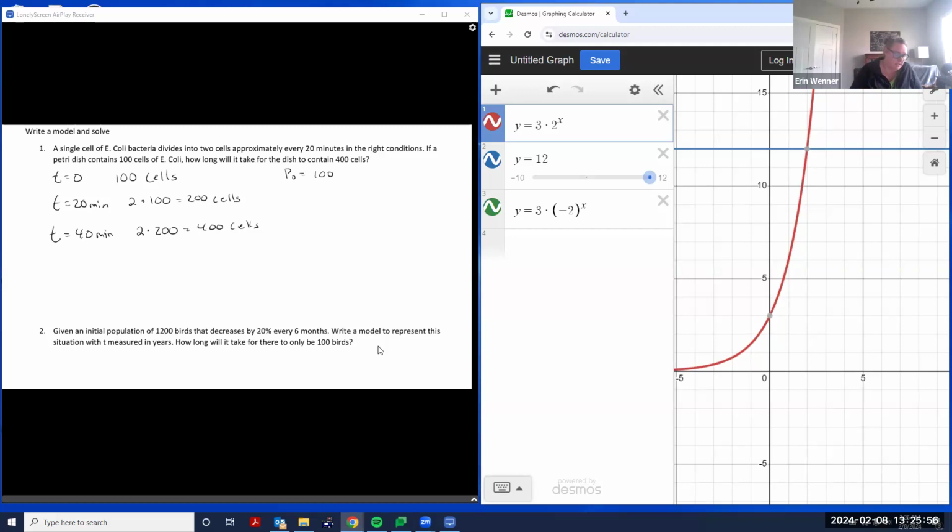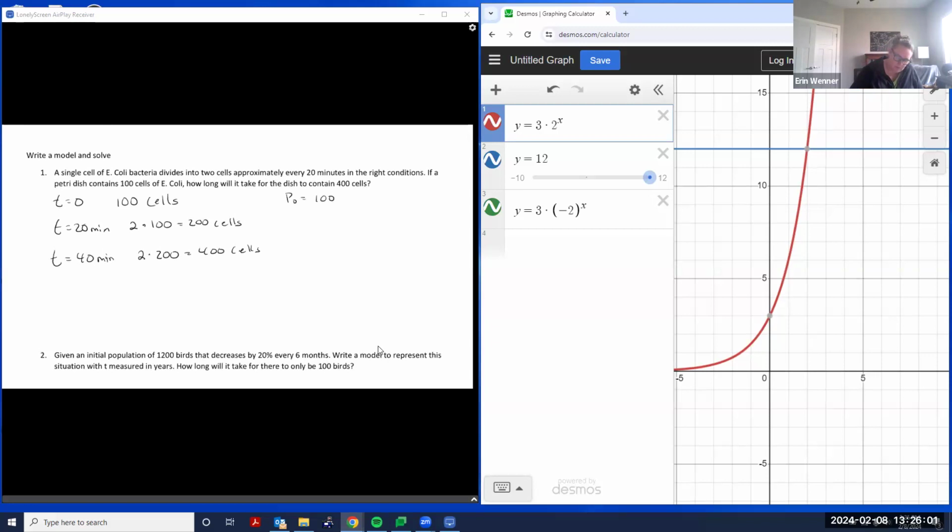So what I'm talking about is if I'm using the formula f of x equals P sub 0 times a to the x, sorry, I'm trying to make sure that I match the formulas we have on our page. I can say that's equaling 100 times, and if I'm multiplying every time by 2, then I can say that a is 2.